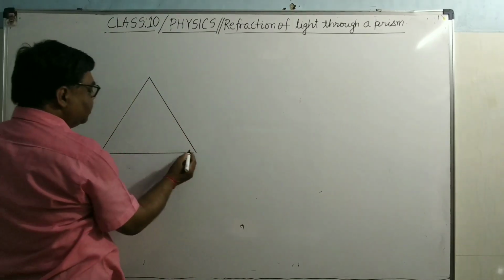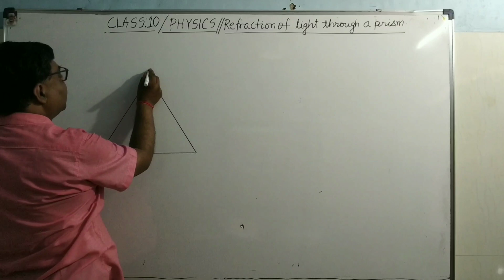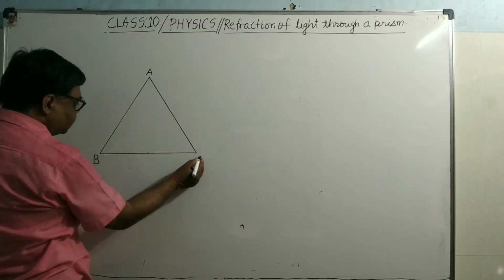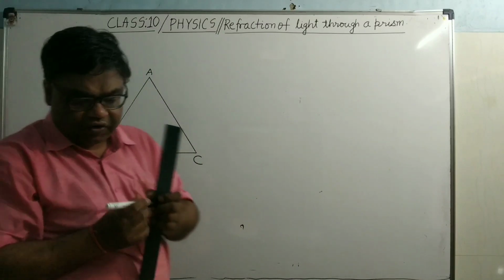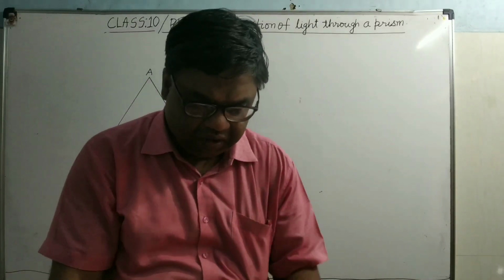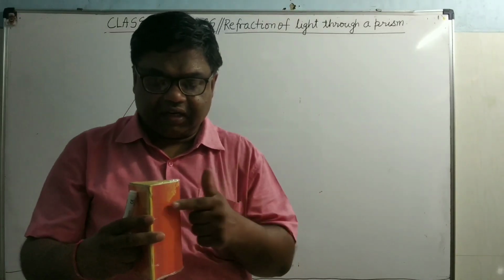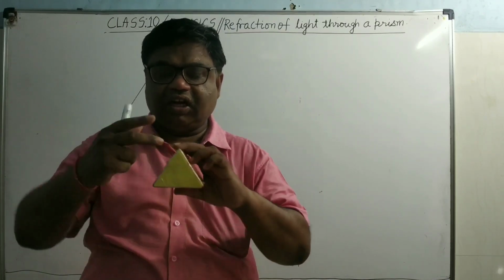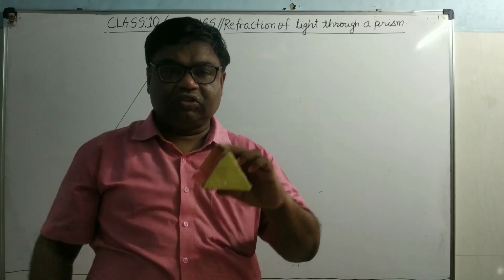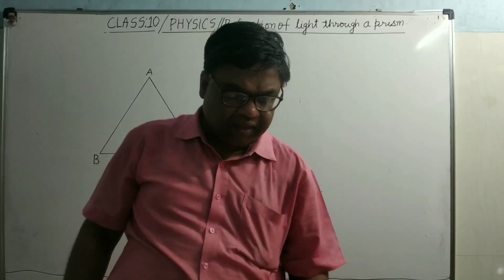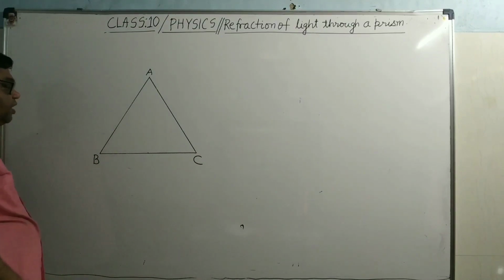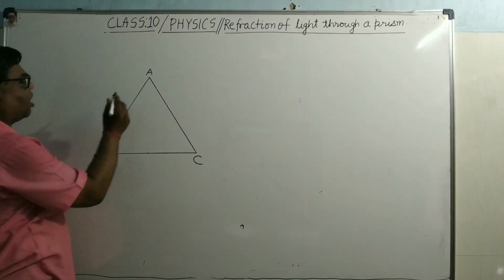This is the principal section of the prism, because you will make the principal section. When you keep it here, light enters through this part and comes out from this part. This is the triangular part. So you will make the principal section. Now you can see here this is the angle of prism.